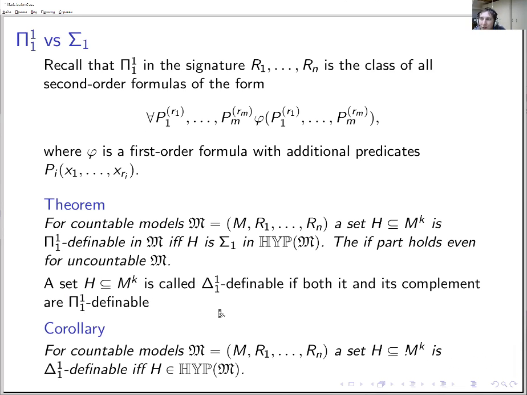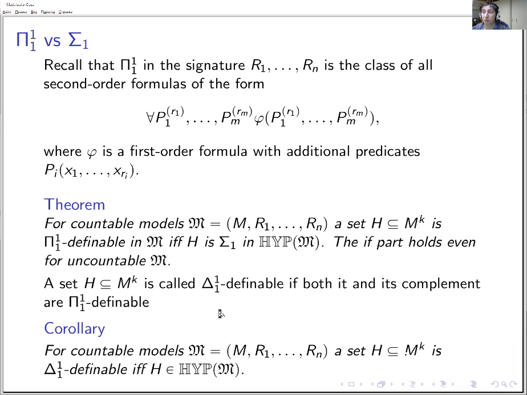Okay. So now let's go to some connection to second order definability. Recall that the class of pi11 formulas in a given first order signature is the class of all formulas that start with some universal quantifiers over relations, and then we have a first order formula with these additional relations.